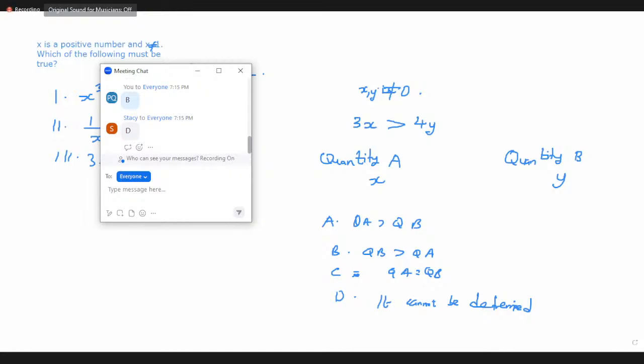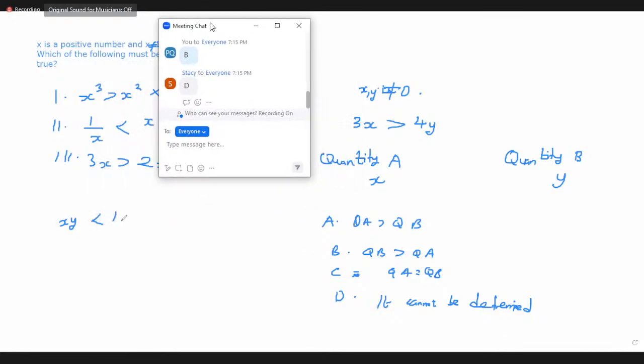Why do you think B, that y is greater? Let me explain. I made x and y equal 1/3.